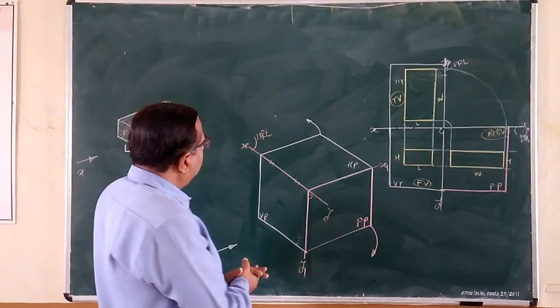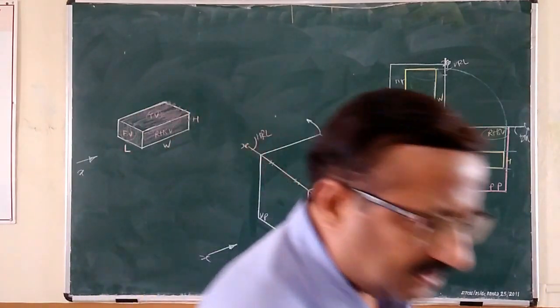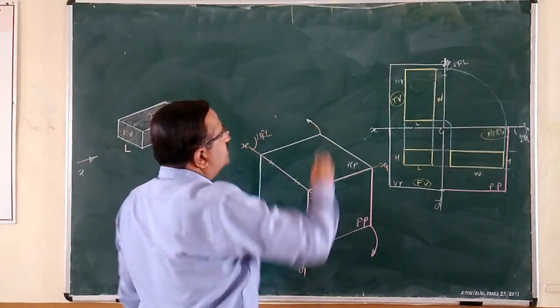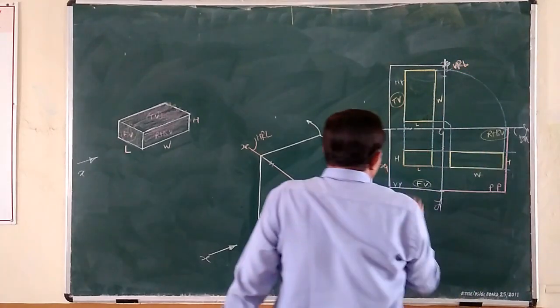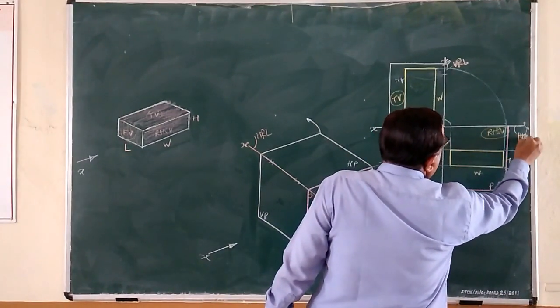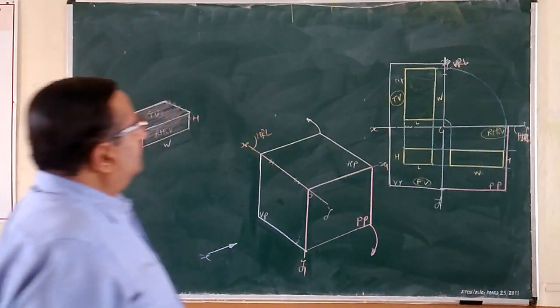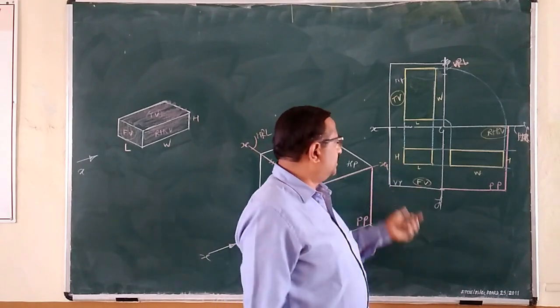So in this way, HRL is here. This is the vertical reference line. This is the horizontal reference line, HRL. L by H, these two parameters are required for its front image.